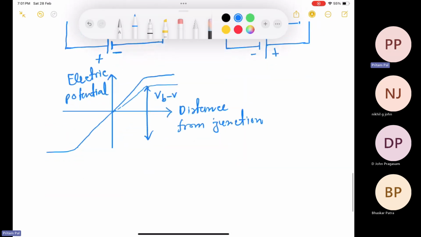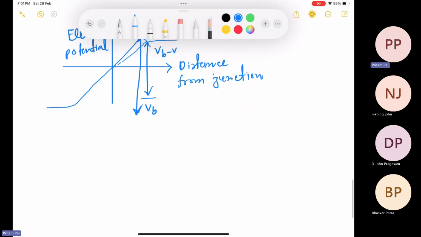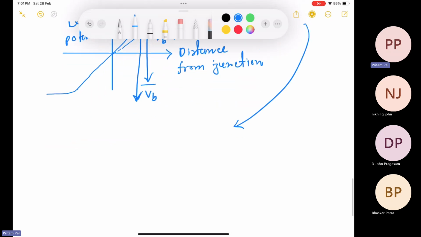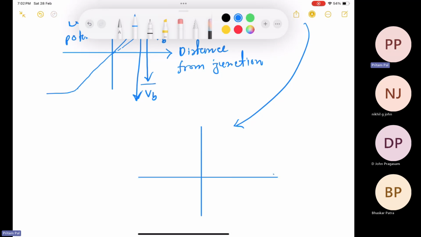Now let's come to the, okay, sorry, this is the PB. Again, I'll do the same thing for the reverse bias, just to give you an idea.